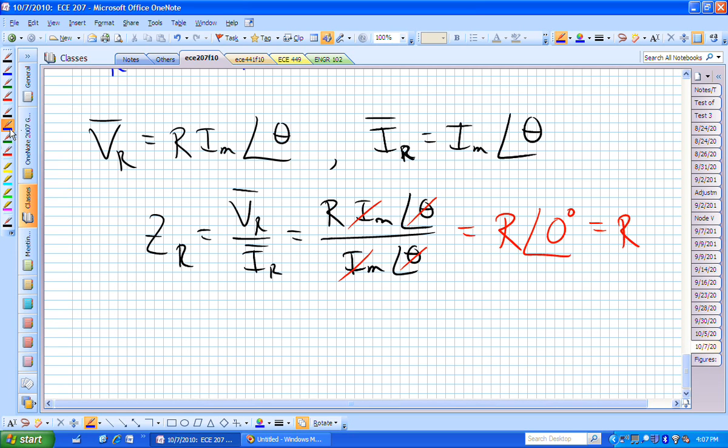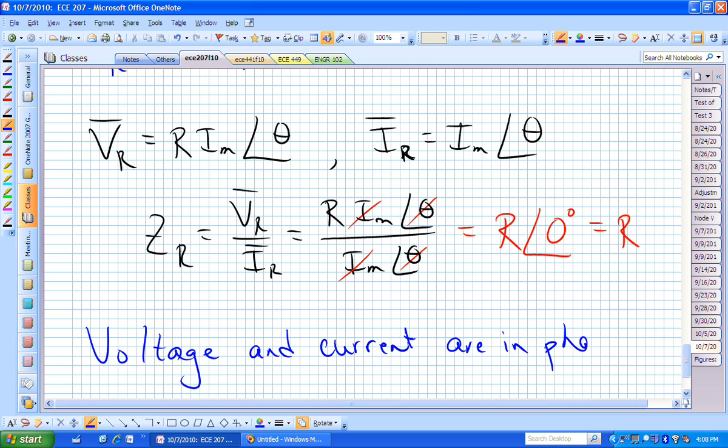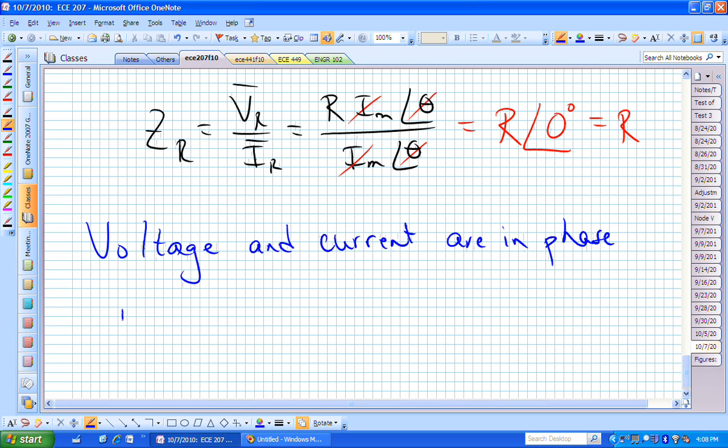And what do we know about the voltage and the current relative to each other? Does one lead the other? No. They are what's called in phase. They line up. Their peaks line up. If you looked at the peak of the current and the peak of the voltage, they're always right on top of each other. So the voltage and current are in phase in a resistor.